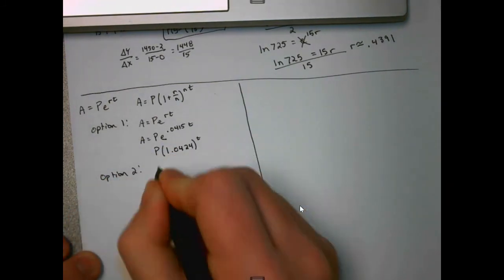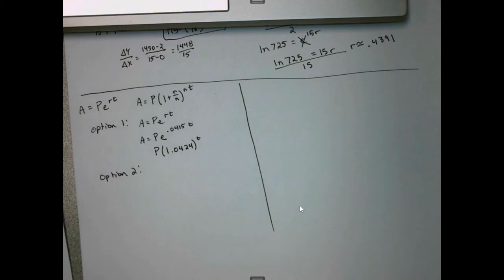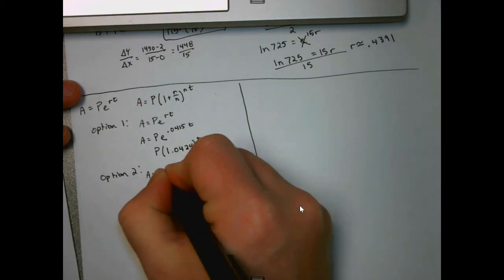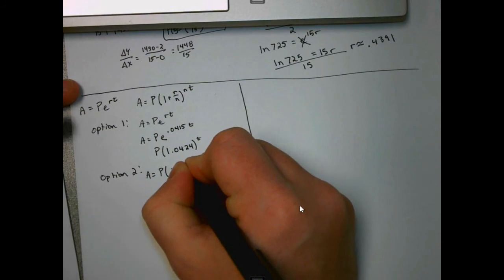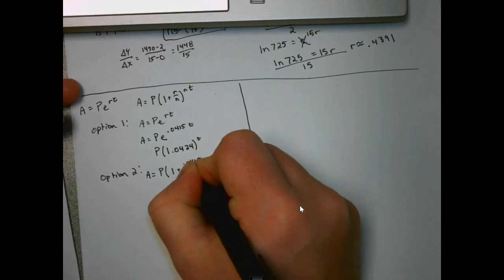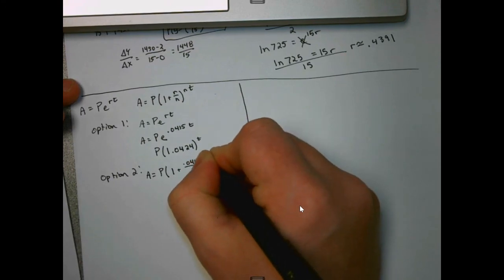That's what we're going to compare. Option 2 is compounded annually, so that's once a year. So we have A equals P times (1 plus 0.0465 over 1) to the t.